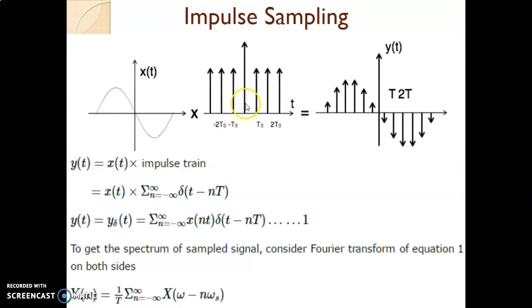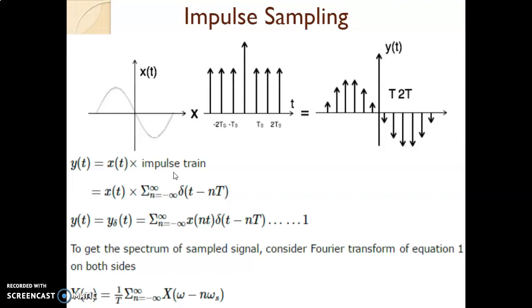Sampling means you are simply multiplying the sampling signal and the analog signal, and when you multiply these two signals, the output you get is this. Since you are multiplying the analog signal with impulses, this kind of sampling is called impulse sampling. So our output y of t will be equal to x of t times the impulse train.